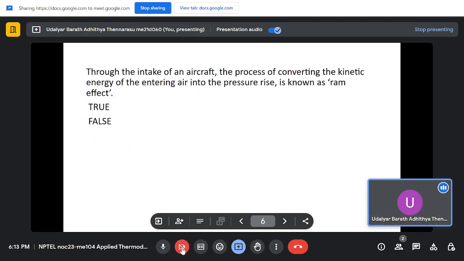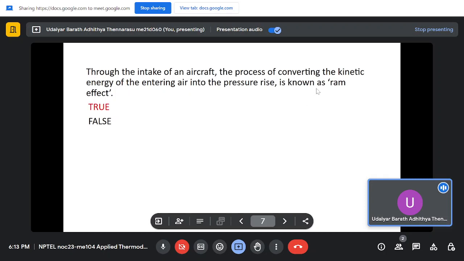So the next one is, through the intake of an aircraft, the process of converting the kinetic energy of the entering air into the pressure rise is known as ram effect. It's a true or false statement. It is true.